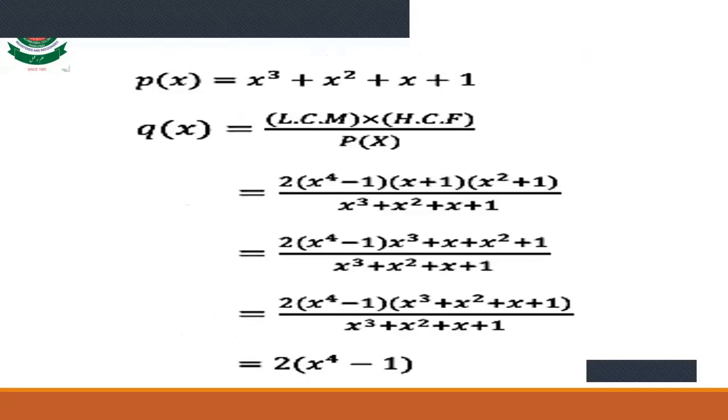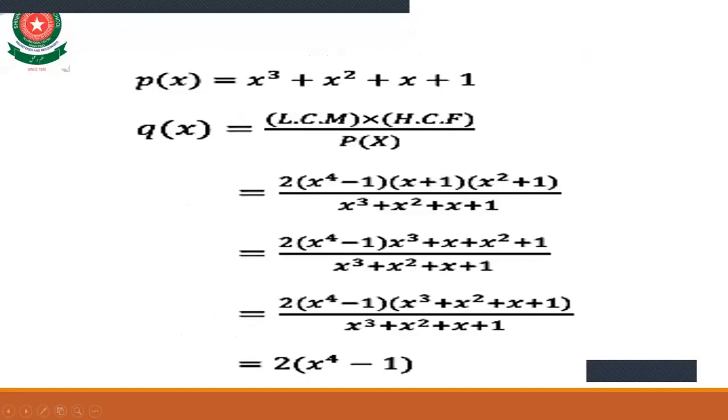As you know, there is a formula: p of x into q of x is equal to LCM into HCF.